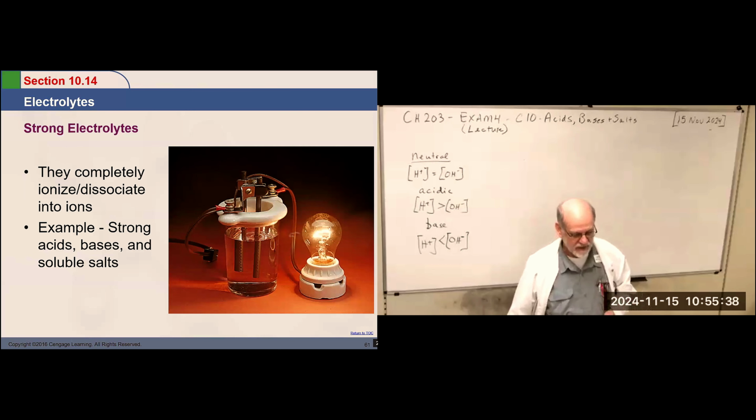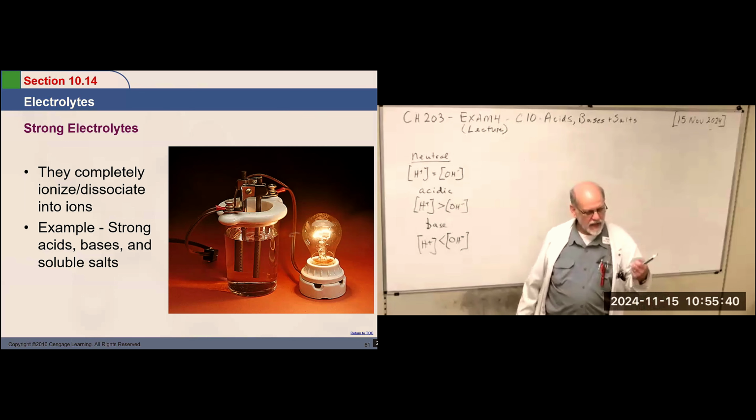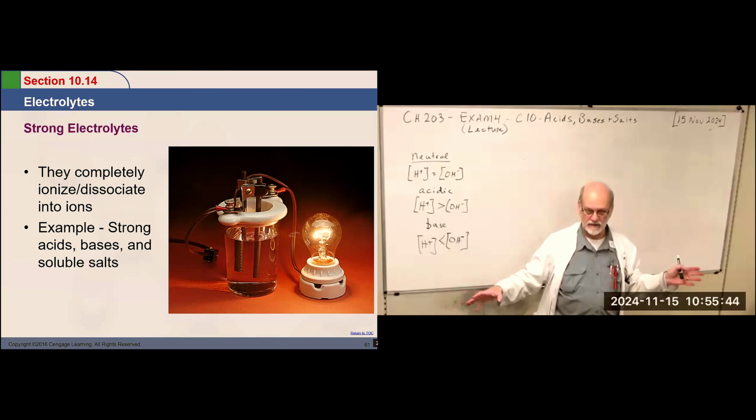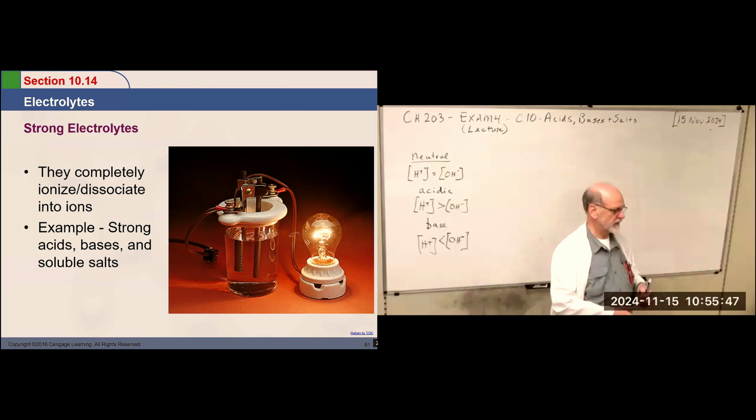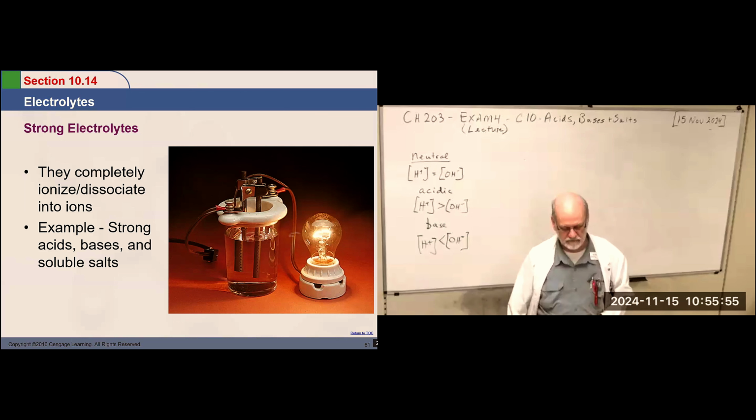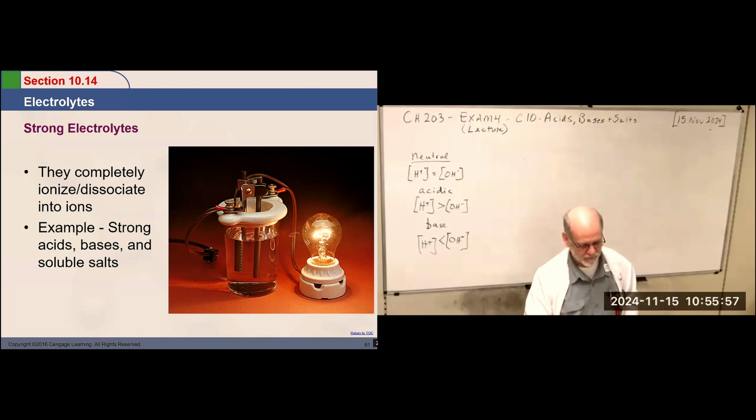Strong electrolytes are compounds that completely dissociate, like sodium chloride, like potassium chloride, like sodium nitrate. They completely dissociate in solution and will conduct electricity very efficiently. So your light bulb gives you a strong light.